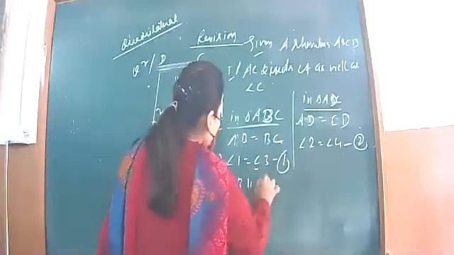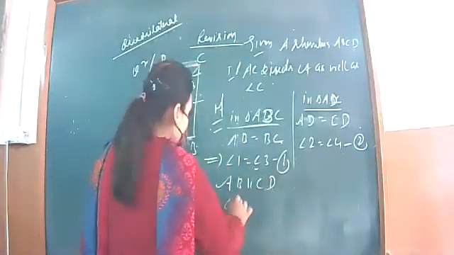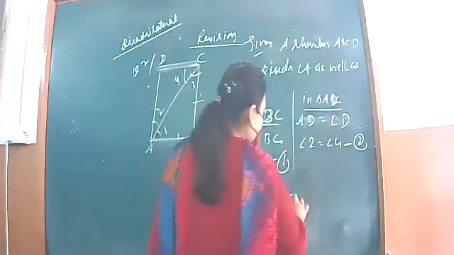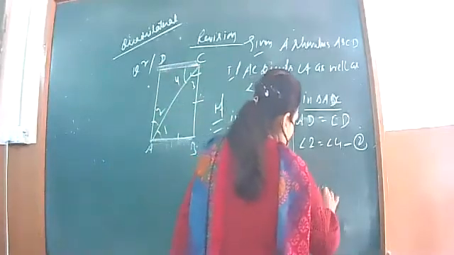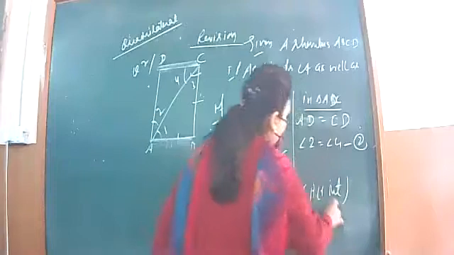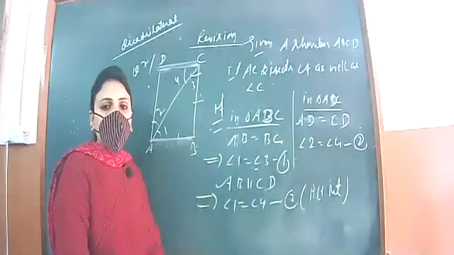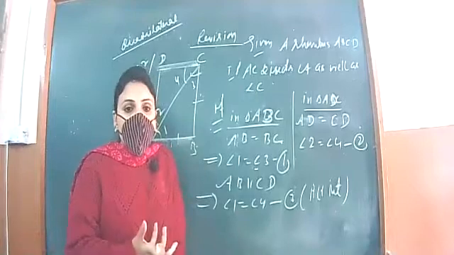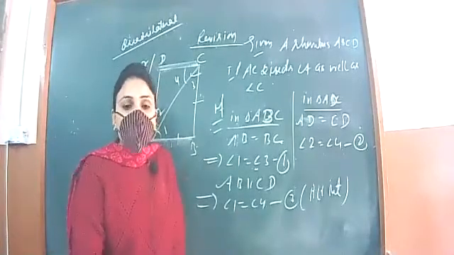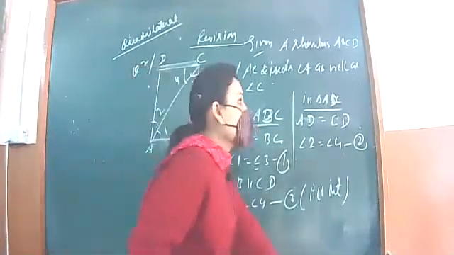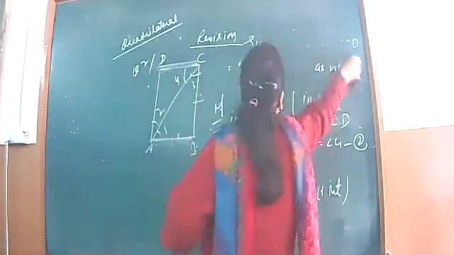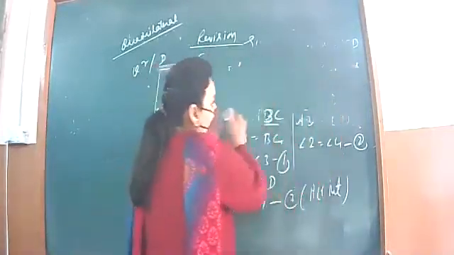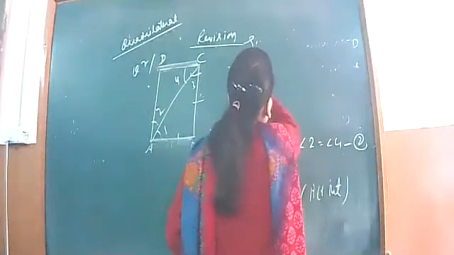So here AB parallel to CD implies 1 is equal to 4, equation number 3, alternate interior angles. After this much effort, we have certain equations through which we will reach our required result.